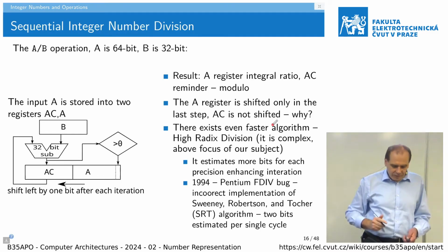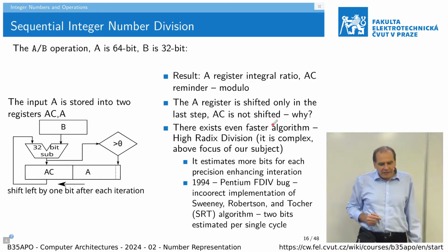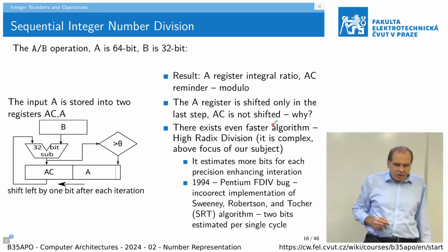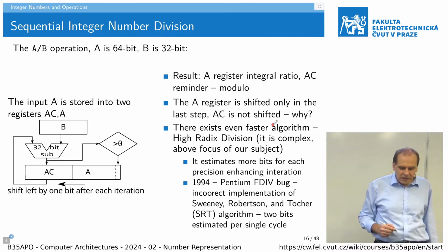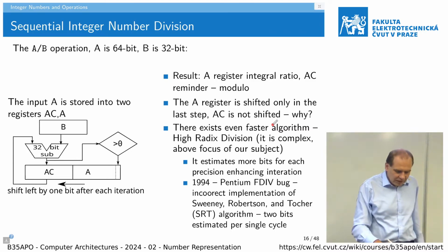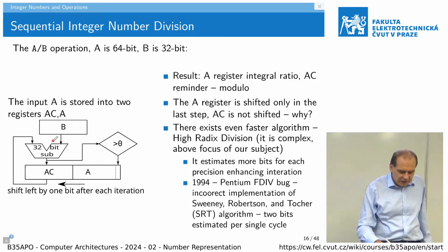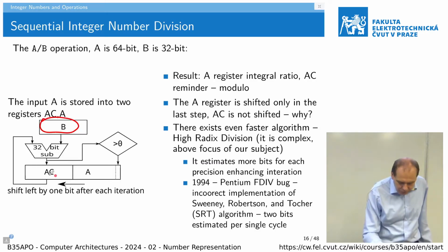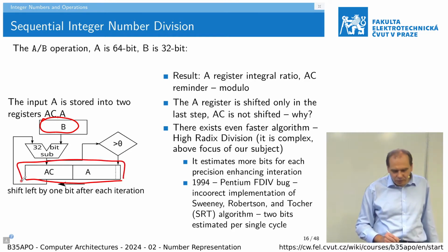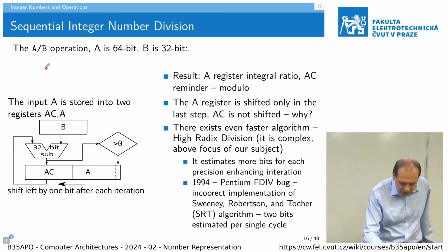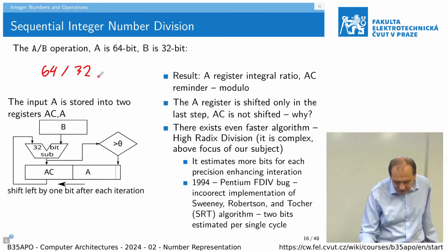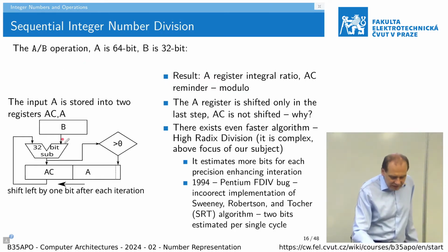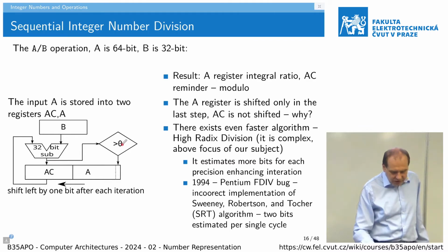And if we want to implement the hardware, what is interesting is that we can use almost the same circuit as we use for the multiplication. But in this case, we subtract here. So we take B as a divisor. We put the whole dividend into both registers, because usually we want to divide 64 bits by 32 bits, and we test if the result of subtraction is bigger than 0.